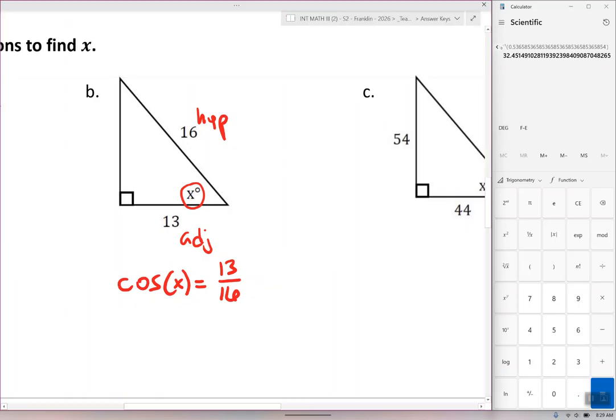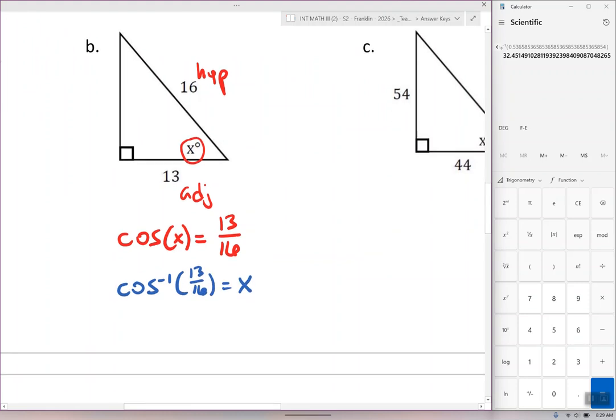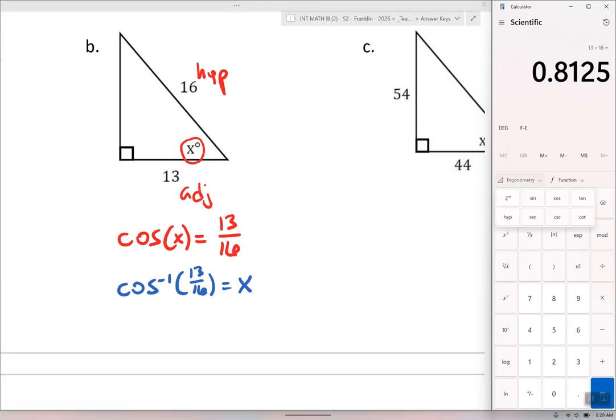But since I don't know the angle, I have to use the inverse function of 13 over 16, and that will give me that angle. So 13 over 16 is 0.8125. I'll do my second cosine, the inverse cosine function, 35.66.